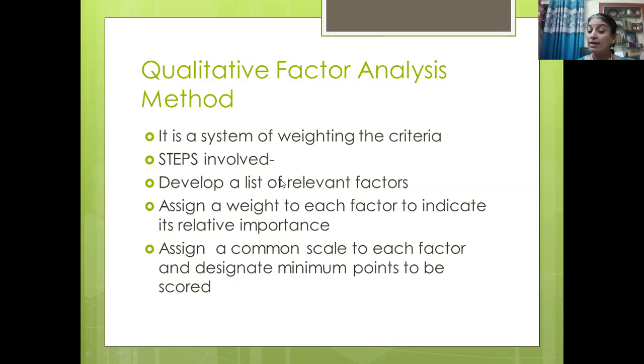So we should develop a list of relevant factors now. What are the relevant factors? We should make a list. Then assign a weight. For each and every factor, we should give the weight. Then a common scale should be assigned.